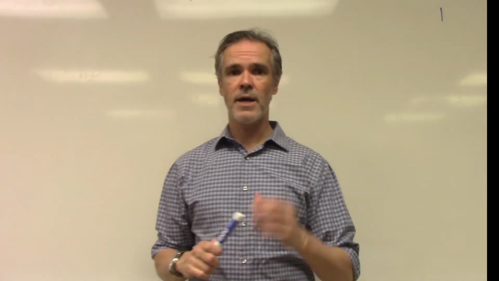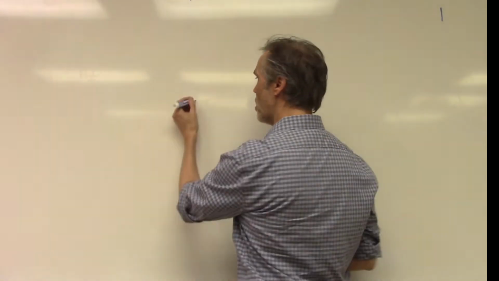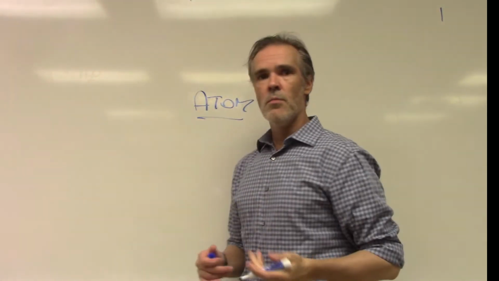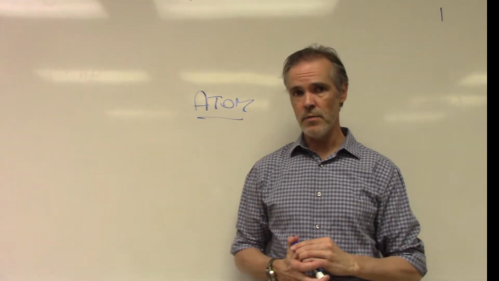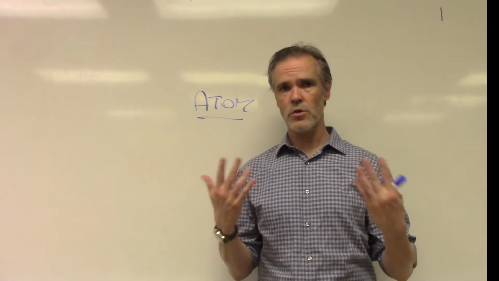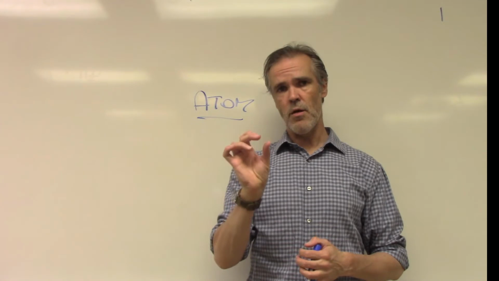And that small building block is something that we call the atom, right? So A-T-O-M, an atom. I'm sure all of you have heard about atoms, maybe you don't know, or maybe it's a concept you're not sure about, but the atom is a very, very small piece of a molecule.